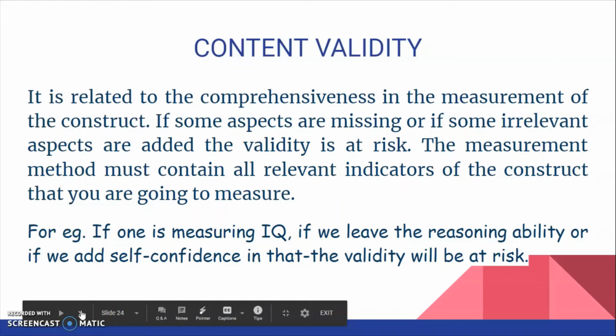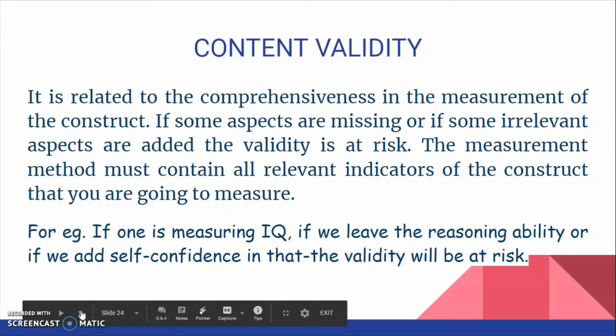For example, if one is measuring IQ, if we leave out reasoning ability or if we add self-confidence, the validity will be at risk. Here we are taking the IQ test. IQ is a construct, and we are going to measure that construct. For that, we take different indicators, such as reasoning and verbal capacity.